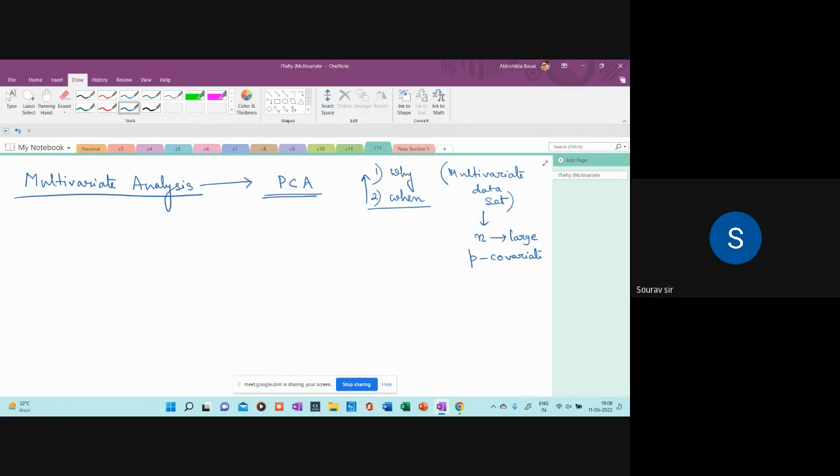So let us discuss those things here. Let me draw this. Suppose this is my data cloud, and we have a component L2 curl over here. This is my x2, this is my x1.